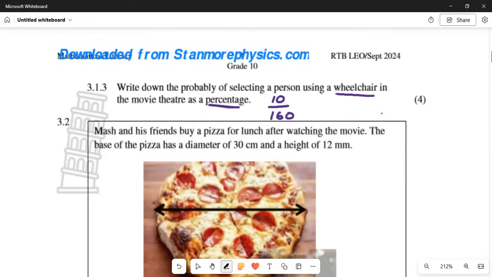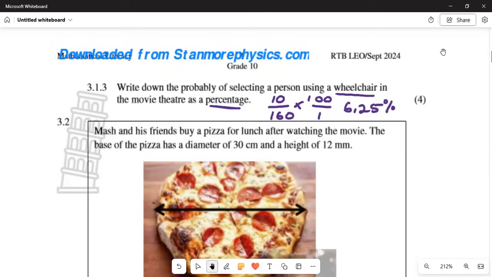We want it as a percentage. It is 10 over 160 times 100 over 1. So we might as well press our calculator and we get the answer. All right. And then we are saying that is 6.25%. So that is the chances as a percentage. All right.